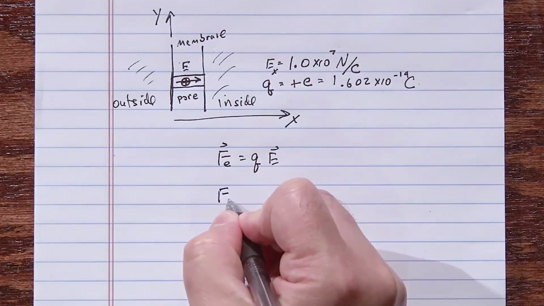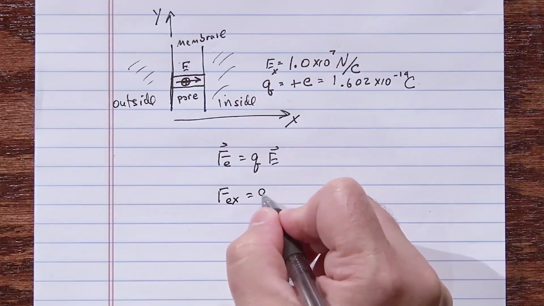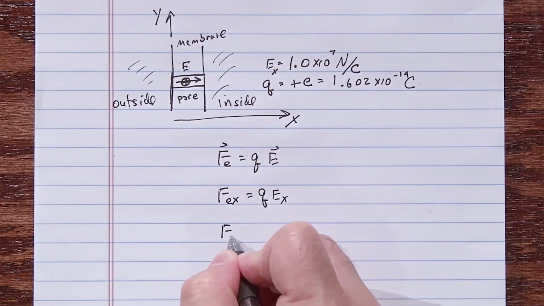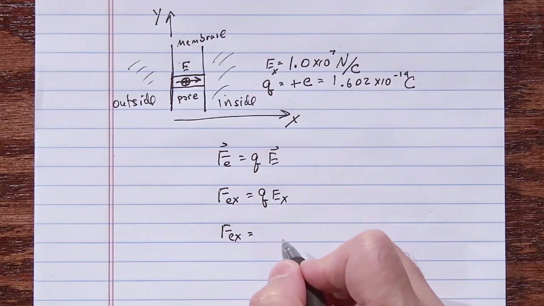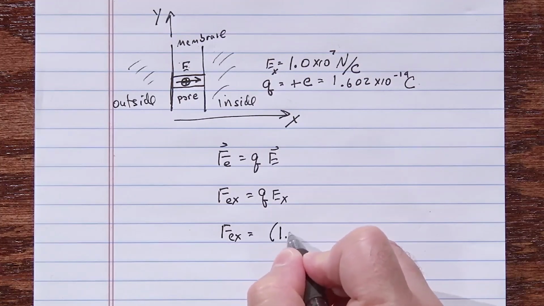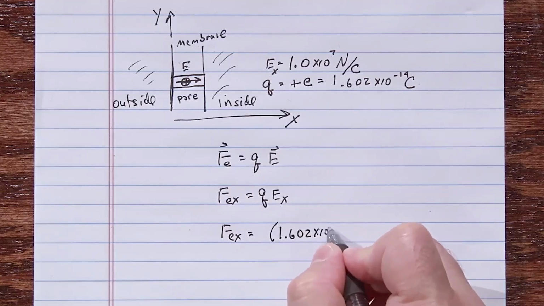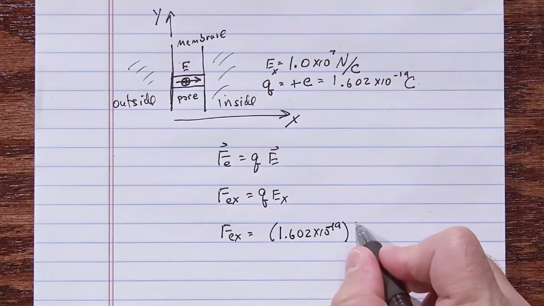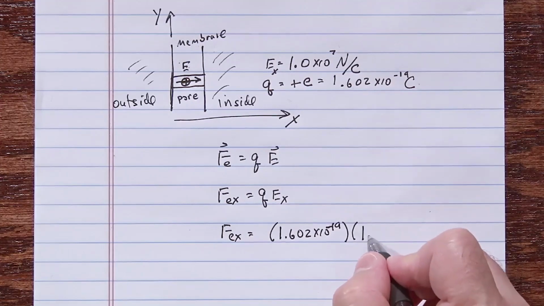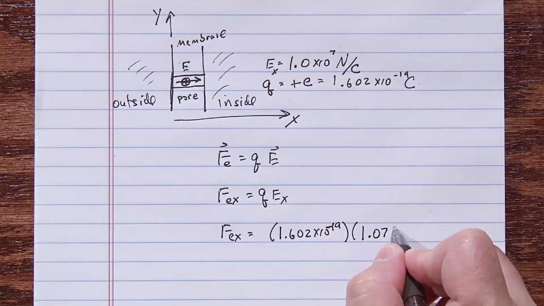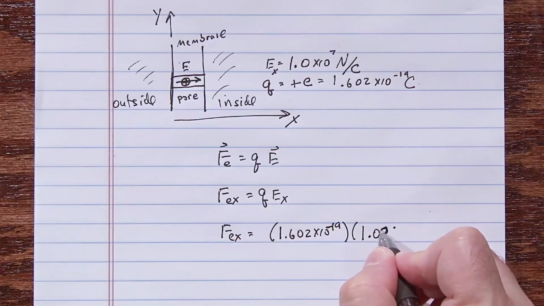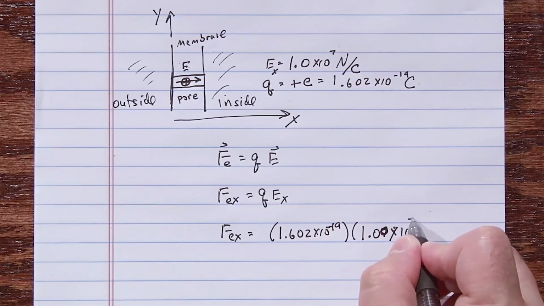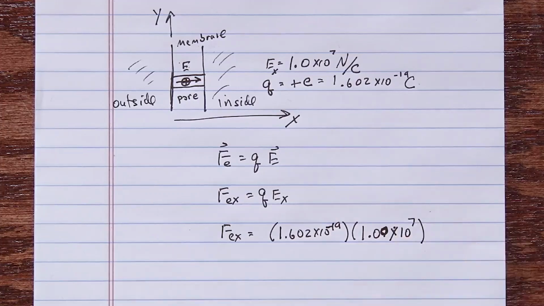So that would say that F_EX is equal to Q times E_X, or the electric force in the x direction is equal to 1.602 times 10 to the minus 19 coulombs times the x component of the electric field, we'll call it 1.00 times 10 to the 7 newtons per coulomb.